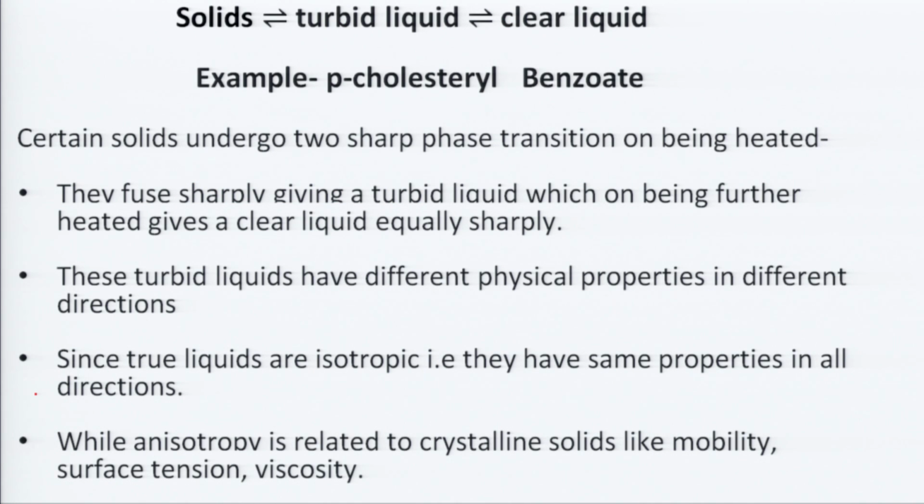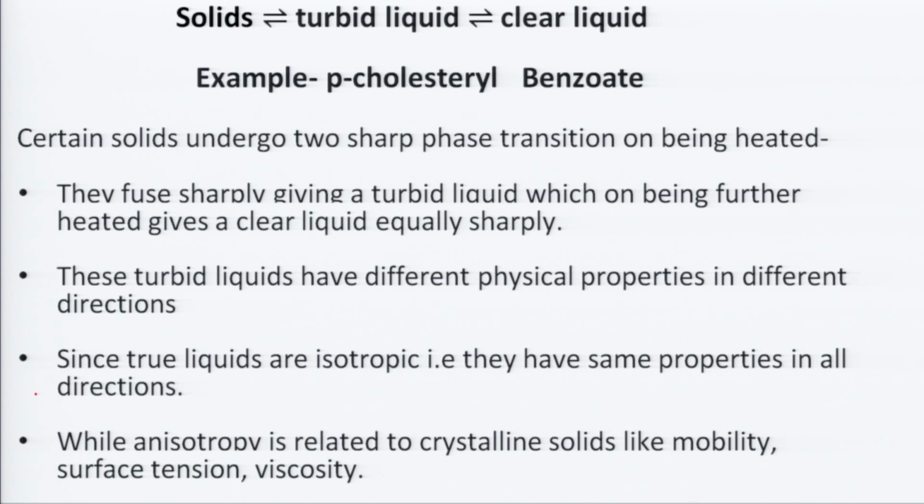So, therefore, there are certain solids, especially the example quoted over here, para-cholesterol benzoate, which was one of the very first molecules to be identified associated with the liquid crystalline state. So, there are certain solids, when we start heating it up, it first changes into a turbid liquid at a specific temperature, and then changes into a clear liquid at another sharp temperature.